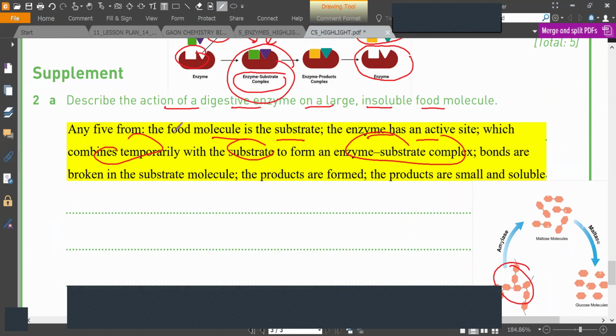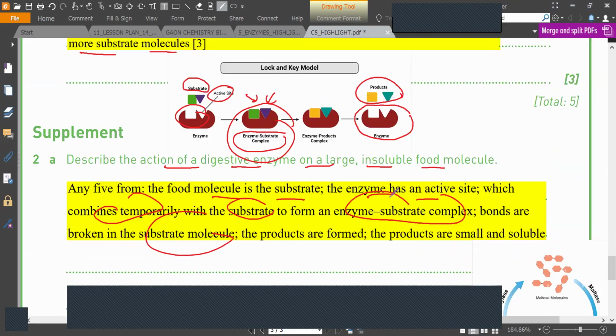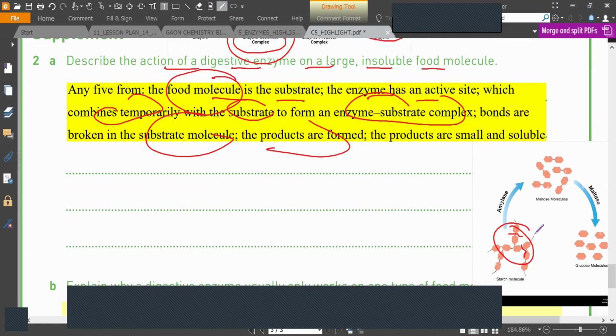The bonds are broken in the substrate molecules. So we are breaking some of the bonds, like this one, we are breaking this bond here. The products are formed. Now we start with a food molecule that's insoluble, like the starch. And then in the end, we get small soluble molecules like the maltose.